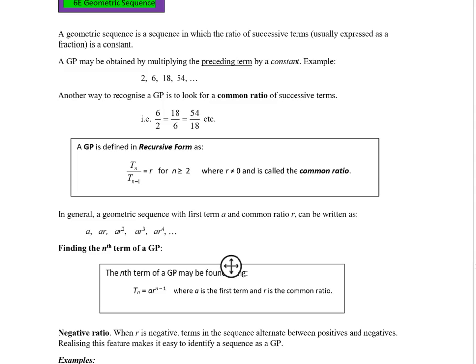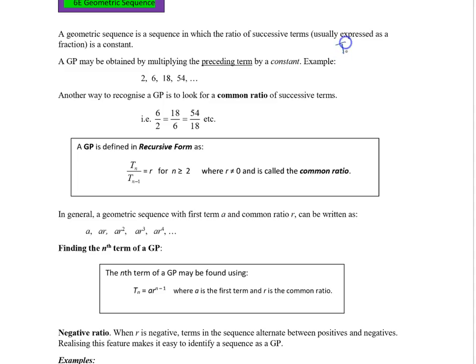What we'll be doing is looking at the ratio of terms. I think ratio is best understood as a fraction. All the notation is still the same.